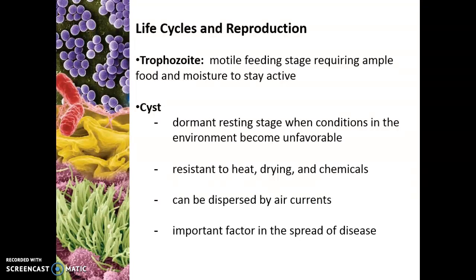Then there is the cyst form, or the cyst stage. The cyst stage is a dormant resting stage. So we talked about the endospore of bacteria, how some bacteria can undergo sporulation and develop an endospore when the conditions get harsh. No food, no moisture, extreme heat, extreme radiation, whatever the case may be.